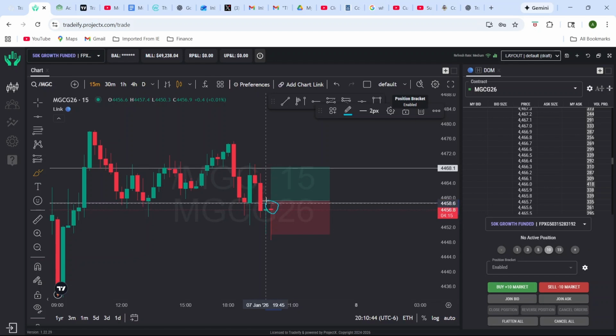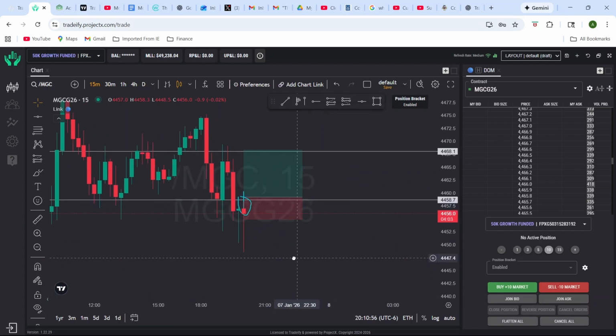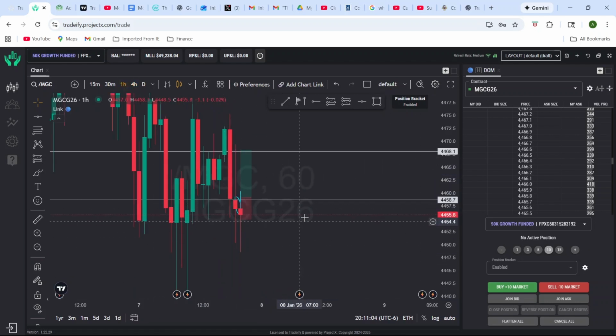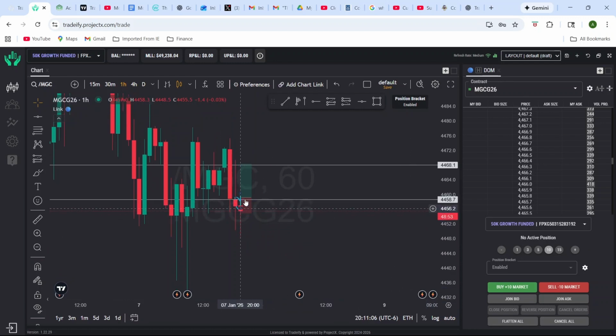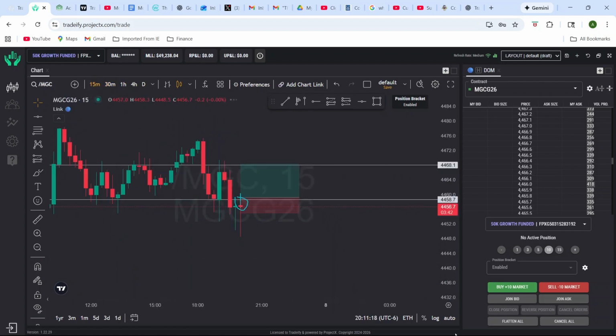That is perfect alignment with the 4 hour, because the 4 hour is bullish and we're still within that 4 hour range. The 1 hour will mostly become bullish after it takes out the liquidity, and then the 30 minute becoming bullish as well. So that's what I'm looking at right now.